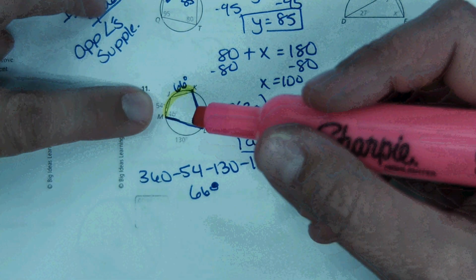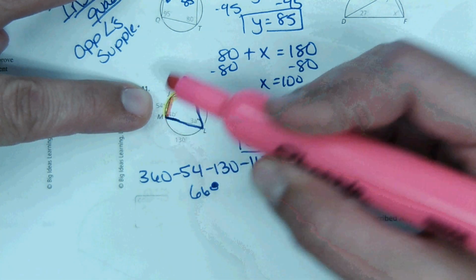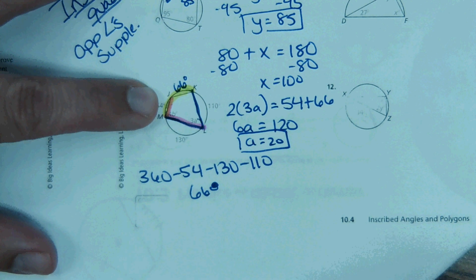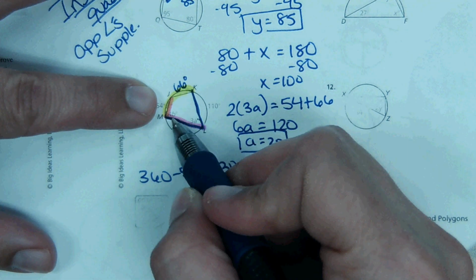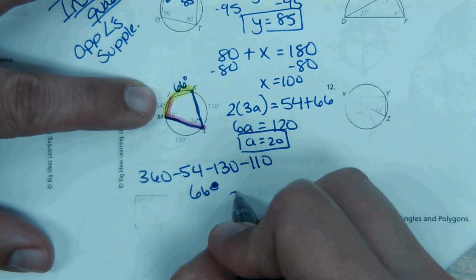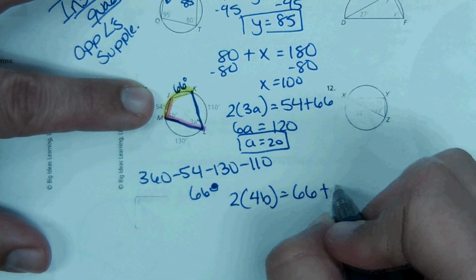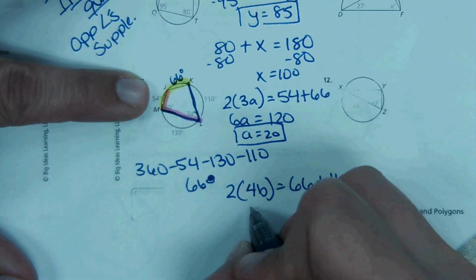Then to find 4b, we're going to do something similar. So here is our angle here, and our intercepted arc is all of this. So 2 times 4b equals all of this. So 2 times 4b equals 66 plus 110.